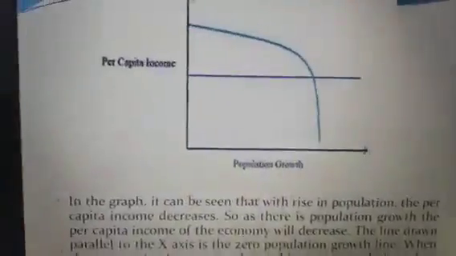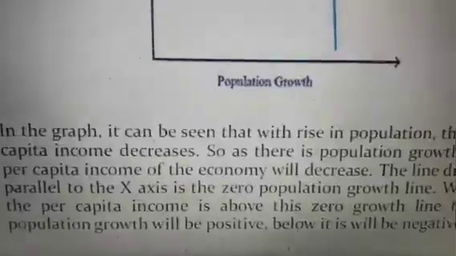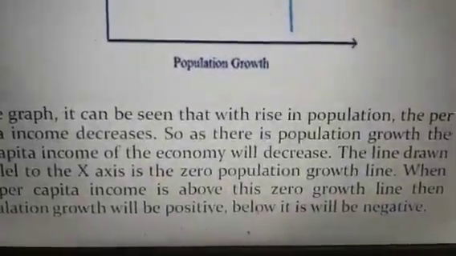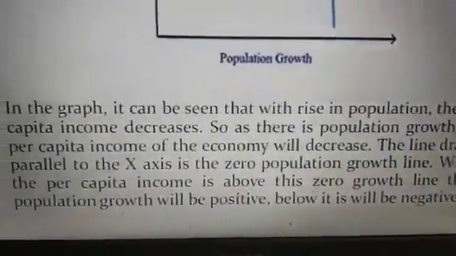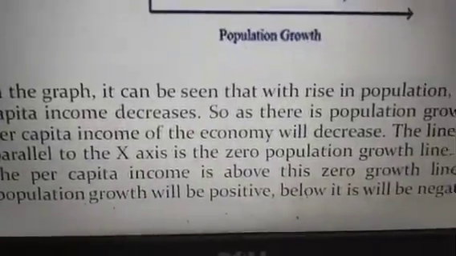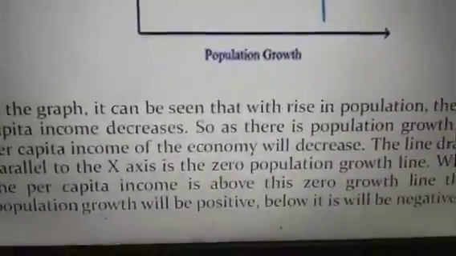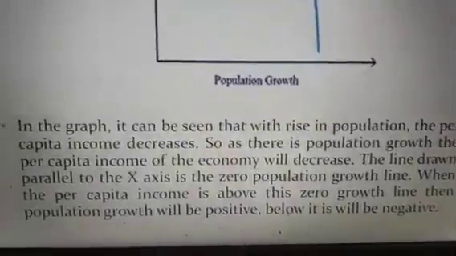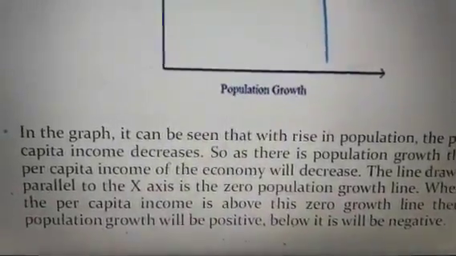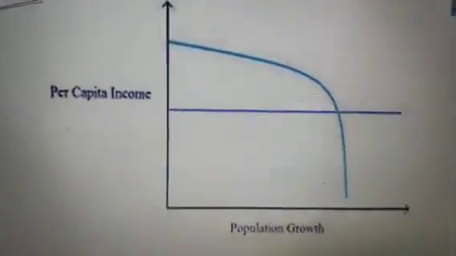So this shows in this graph that with a rise in population, the per capita income decreases. As there is population growth, the per capita income of the economy will decrease. So this graph shows this.